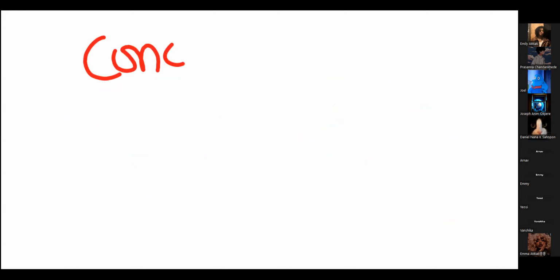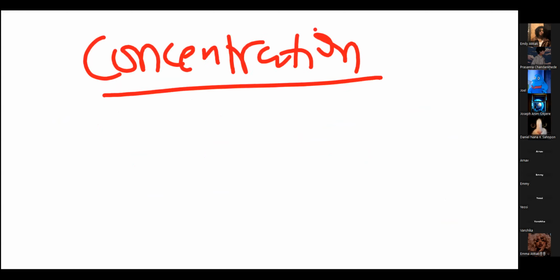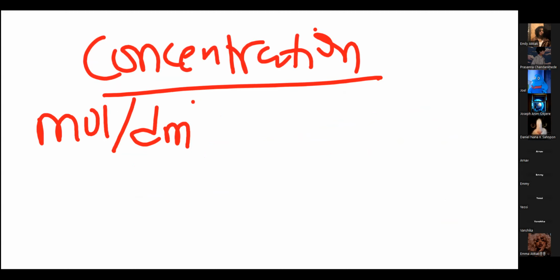So I'm taking it one after the other. Concentration, we have a lot of units. It's measured in mole per dm cube. After this, I'll go to the formulas when I'm done talking about the units. So when you see 0.15 mole per dm cube, know that you have been given concentration.